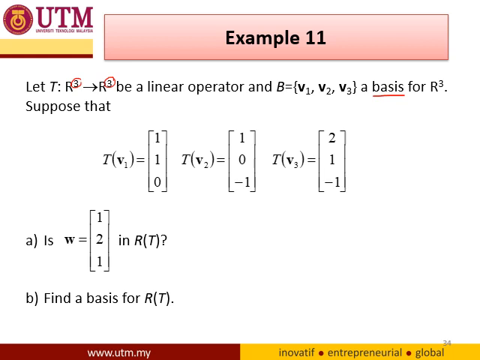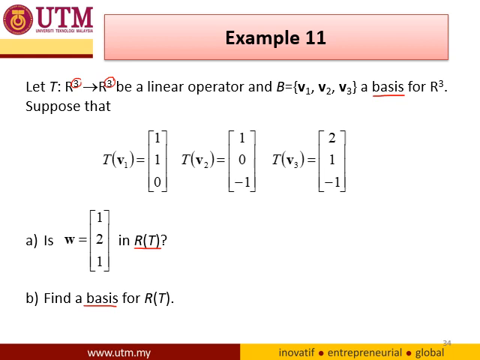A, is w equal to 1, 2, 1 in the range of the transformation? And B, find a basis for R3. Actually these questions combine two things. This is from range of transformation, which is in this chapter, but finding a basis is from our chapter 3.